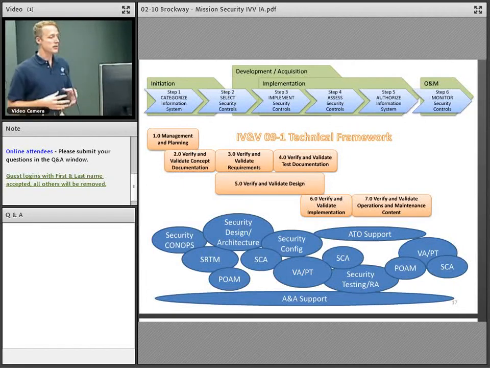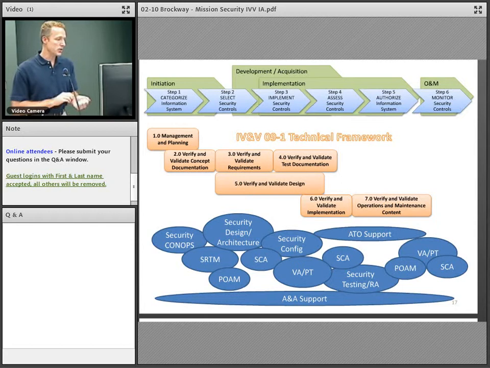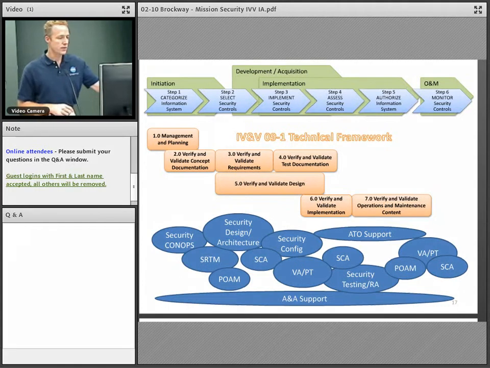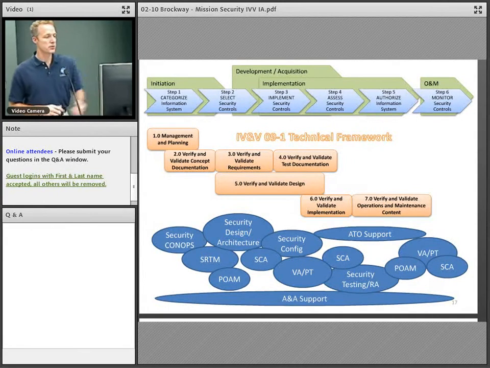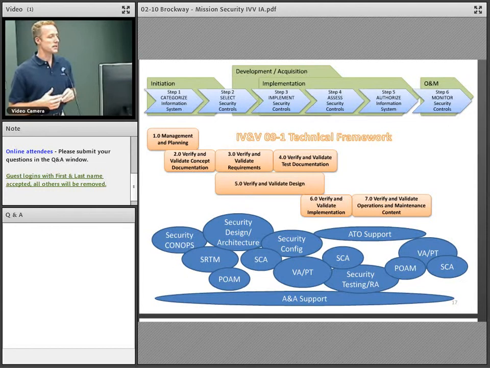So the obvious orange piece in the middle is your IV&V in-phase support. And so that's obviously core capability of the program here. And the point in this case is from the categorization phase that we've discussed all the way through to actively monitoring the security controls, whereas typically IV&V is enabled up through deployment.